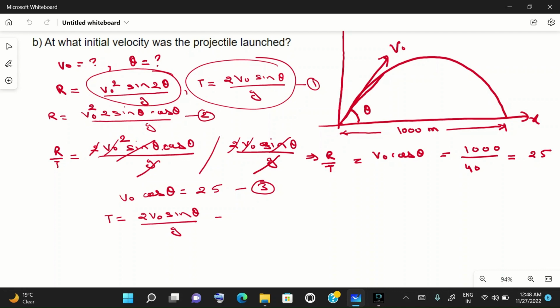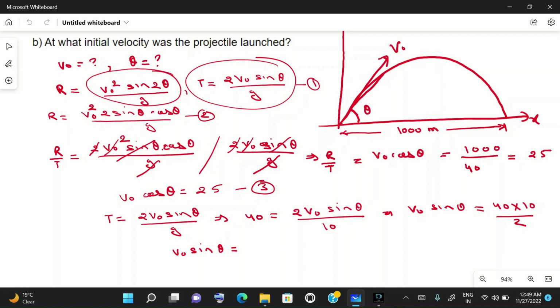So we can put values here. T is given as 40 seconds is equal to 2 v0 sine theta divided by g, which is 10. So this 10 will go this side. v0 sine theta is equal to 40 into 10 divided by 2, so v0 sine theta is equal to 400 divided by 2, which is equal to 200.